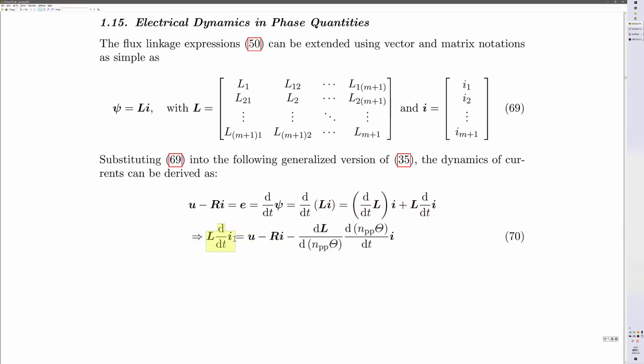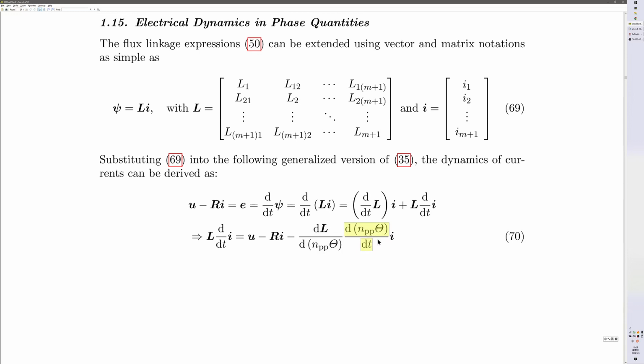Finally, since we are going to use current as our state variables, we write down the ordinary differential equation with the stator current as a variable. We also have the PM current here. We also apply the chain rule of derivatives here.